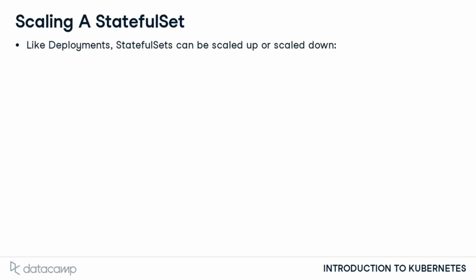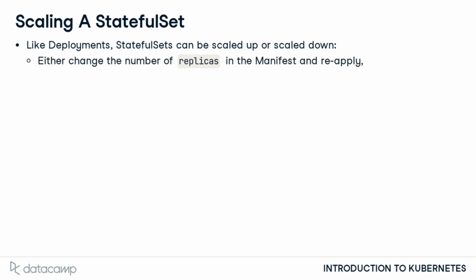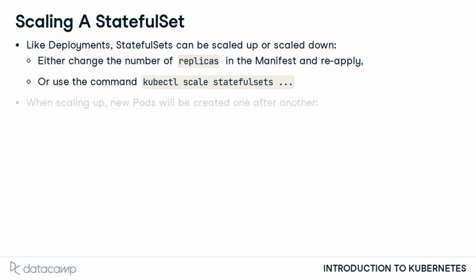Stateful sets can also be scaled up or scaled down. Again, this is extremely easy. We either change the number of replicas in the manifest and reapply, or we use the command kubectl scale statefulsets. When we scale up, additional pods will be created one after another.